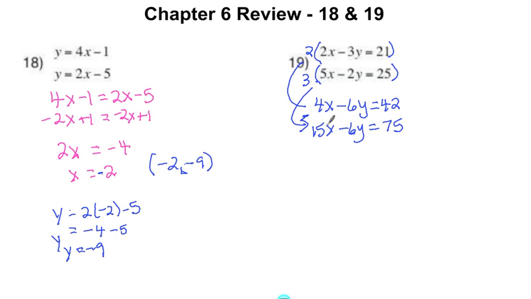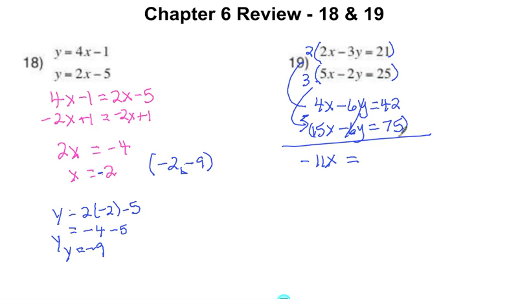And I'm going to subtract. And so when I do that, I get 4 minus 15, which is negative 11x. Is that right? 4 minus 15, yes, negative 11x. And then 42 minus 75 is going to be something I need to look up.